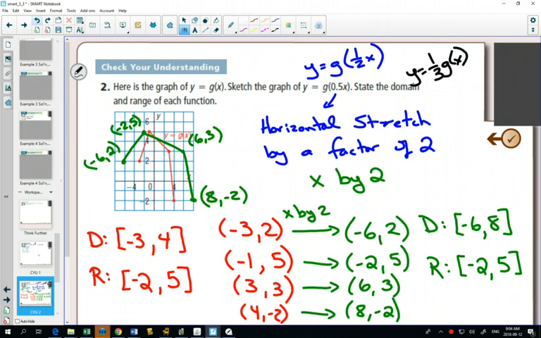Now we're thinking vertical, so it's going to be vertical something. What would we have to multiply y by? Well, it's outside the function. Things outside the function act like we think they should, so you would multiply y by 1/3. And since you're multiplying by a fraction, less than 1, that would make it a compression. Does that make sense? Okay.